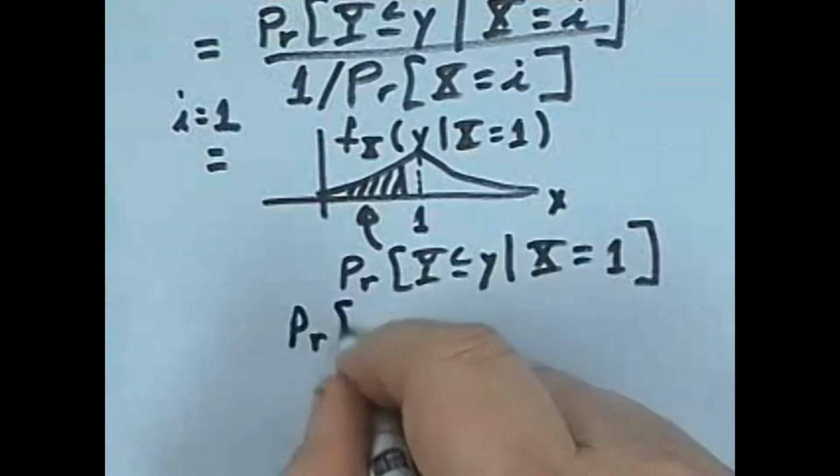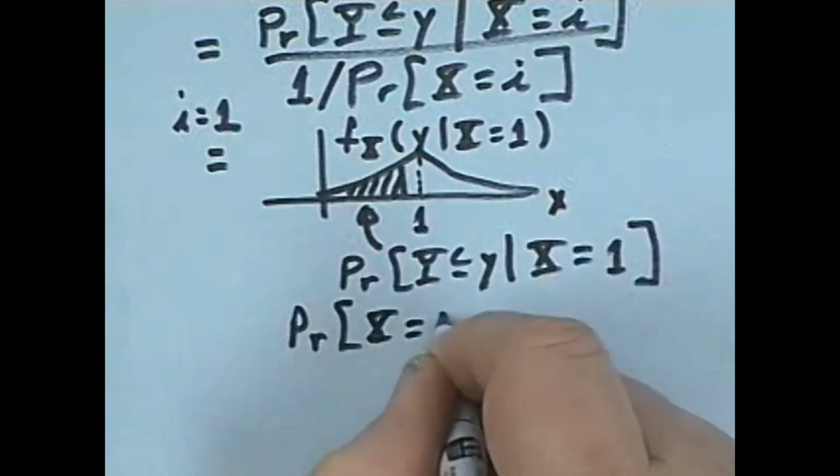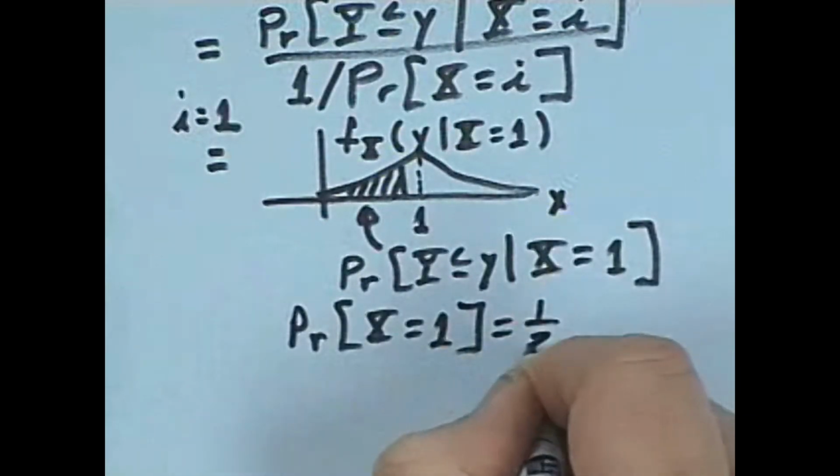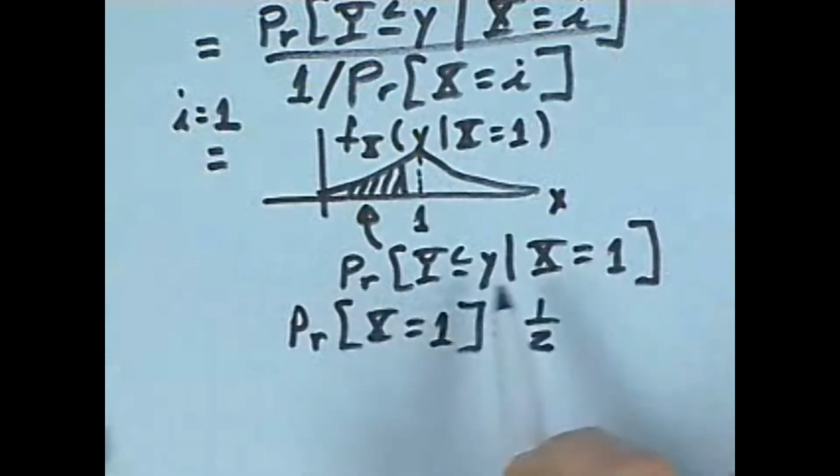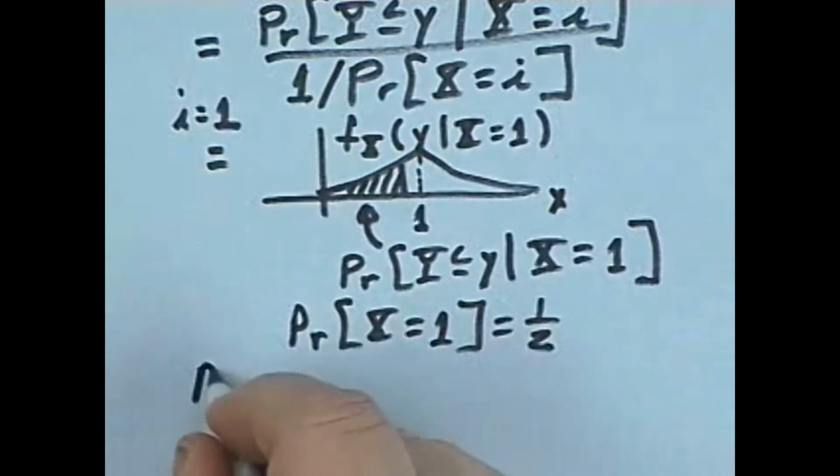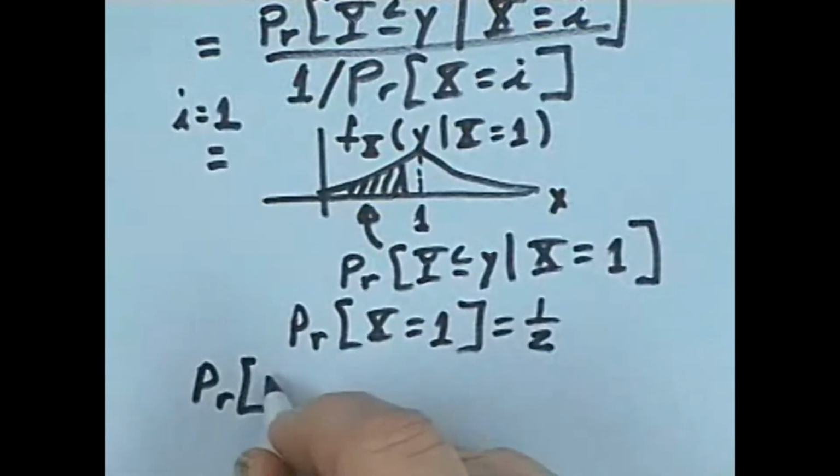And from this, we can also compute the probability that x is equal to 1, which of course is equal to a half. Now, x can either be plus 1 or minus 1, with equal probability. So the probability that it's equal to 1 is a half.